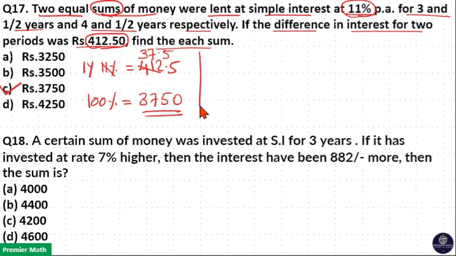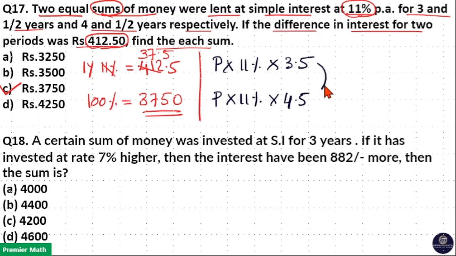If you have difficulties in doing this, you can directly apply the formula. Let us consider the sum or principal as P here. So the difference in interest received between the principal P at 11% per annum for 3.5 years and principal P at 11% per annum for 4.5 years is equal to 412.5 rupees.